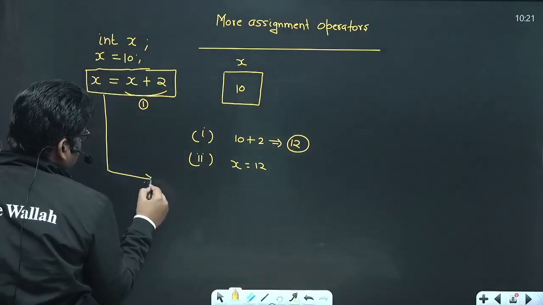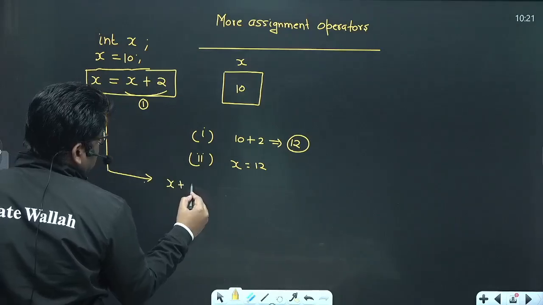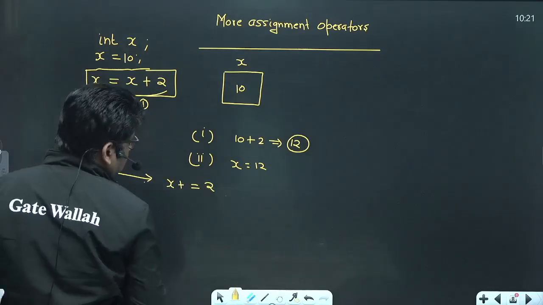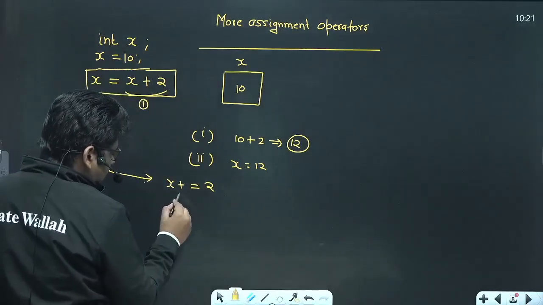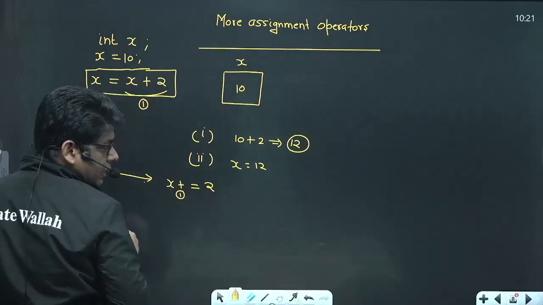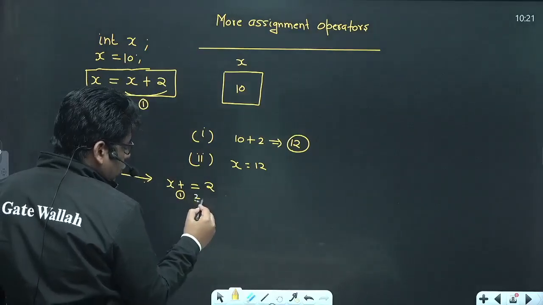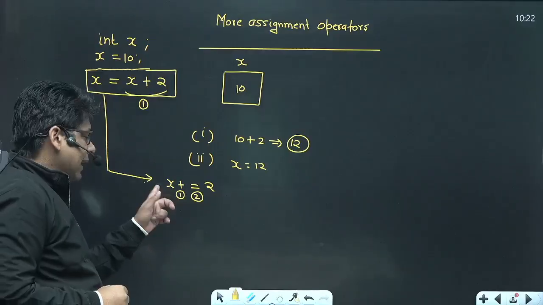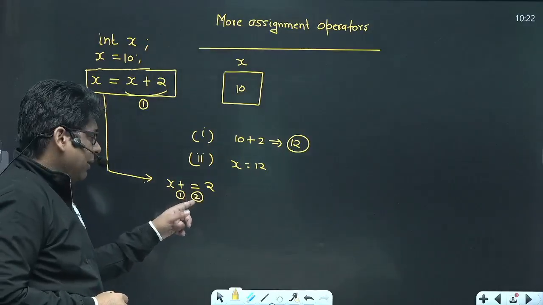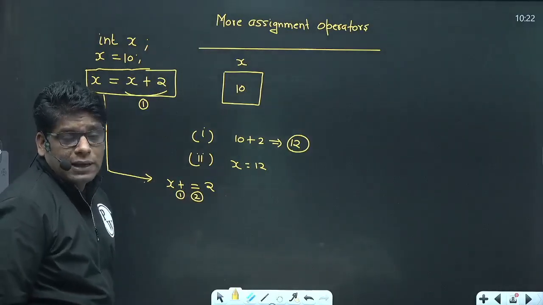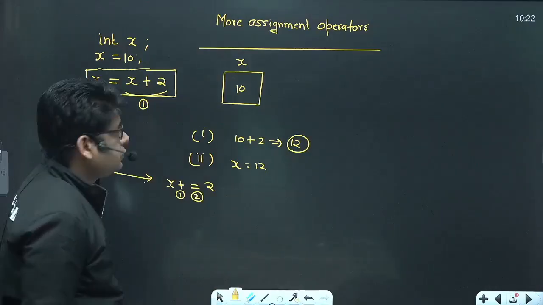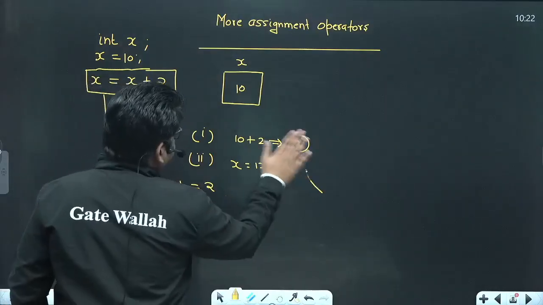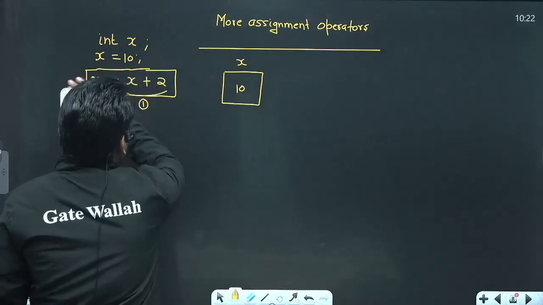The shorthand for this is x plus is equal to 2. Which operation is performed first? Plus, and later on equal to. For plus, the operands are x and 2. For assignment, the operand is x. Is that okay? Try to understand it again.